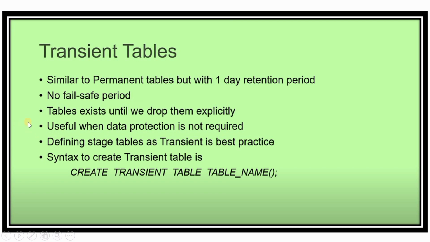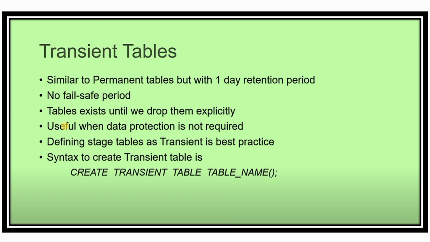Suppose you have data that is not very important, then you can create a transient table and store your data in it, so that the data protection will not be there, which also will not cost lots of money from the Snowflake side. That's why you can use the transient table in that way.